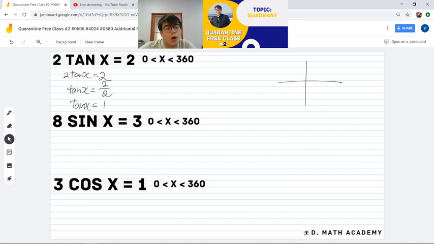So this 1 is really quite important. You have to take note whether it is positive or not. So remember the four quadrants that we learned, which is All School Teacher Crazy, and the tangent result here is positive, which means your answer will be in the first and the third quadrant.